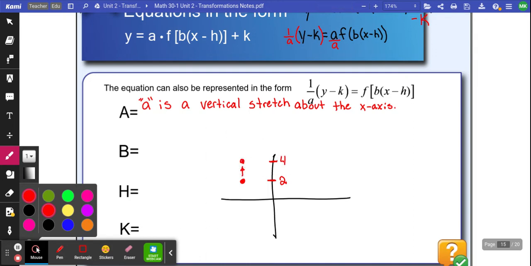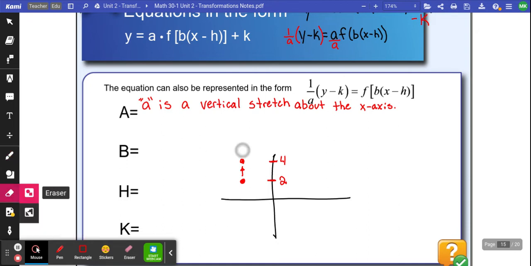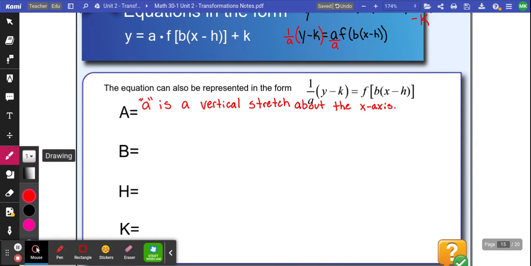And the y value changed. But I stretched away from the x-axis. So that's why I say about the x-axis, because that's what I'm moving away from. My distance to the y-axis does not change. It's still the same distance side to side. Perfect.